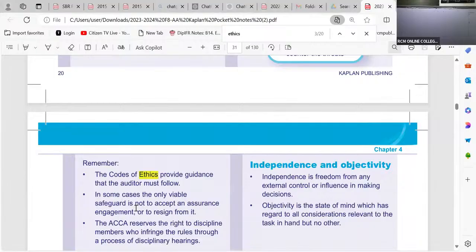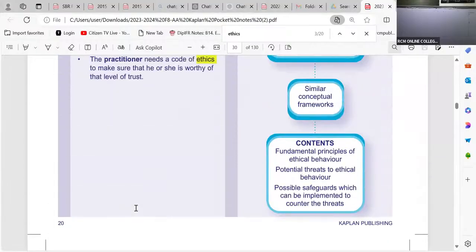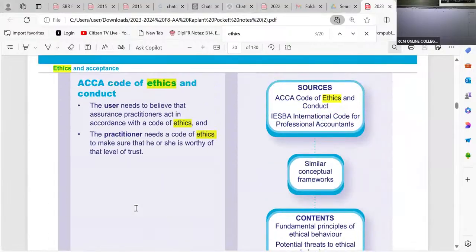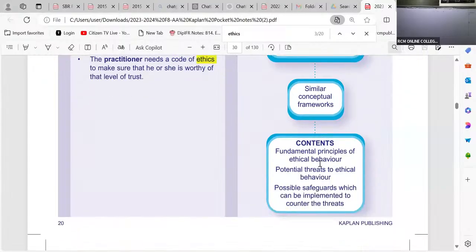Remember, but before I go there, let's come back here, the sources. ACCA or ISPAC Code of Ethics and Conduct. We have in this case the International Code for Professional Accountants, similar conceptual frameworks, contents, very important: fundamental principles of ethical behavior, potential threats to ethical behavior, possible safeguards which can be implemented to counter the threats.